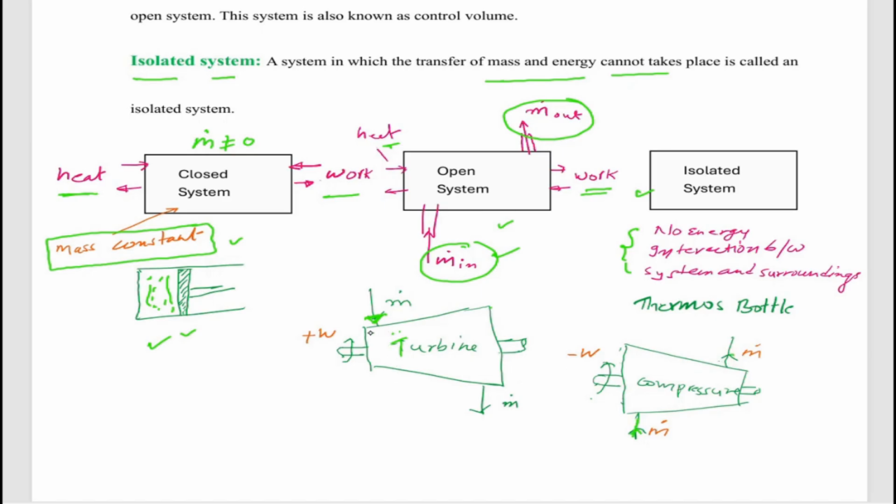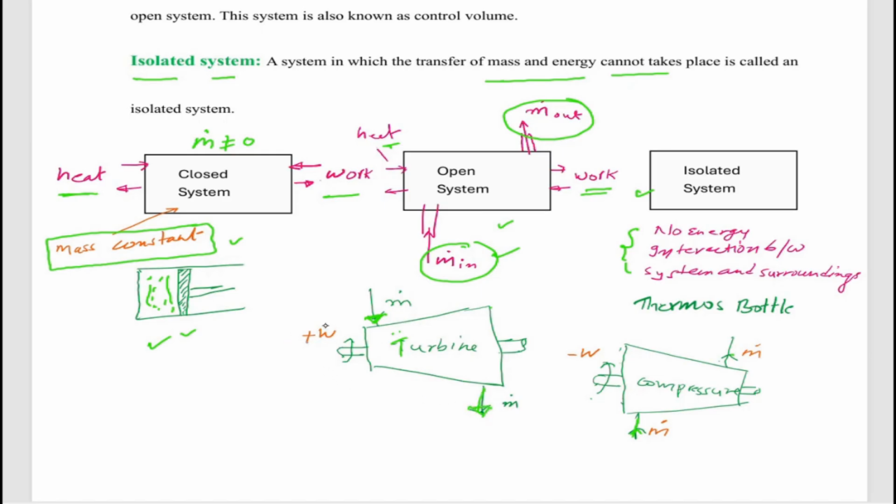So for mass interaction in a turbine, a high mass rate of steam will come in, in the case of a steam turbine, and it will produce some work and then exit from there, right?